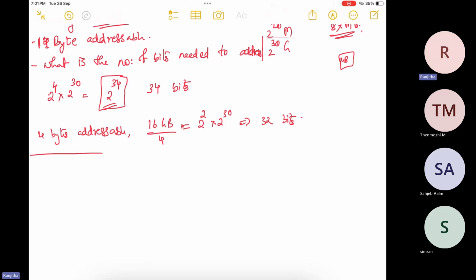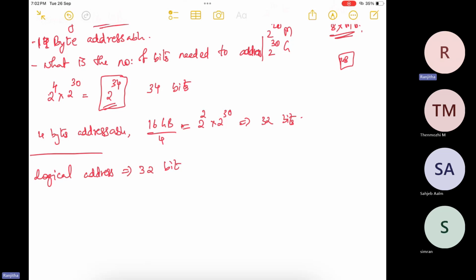Consider a system with 32-bit logical address. Logical address is 32-bit. Are you having any doubts? Okay, I'll continue.